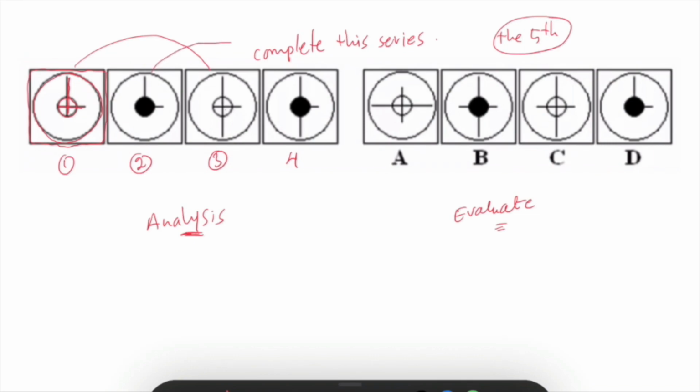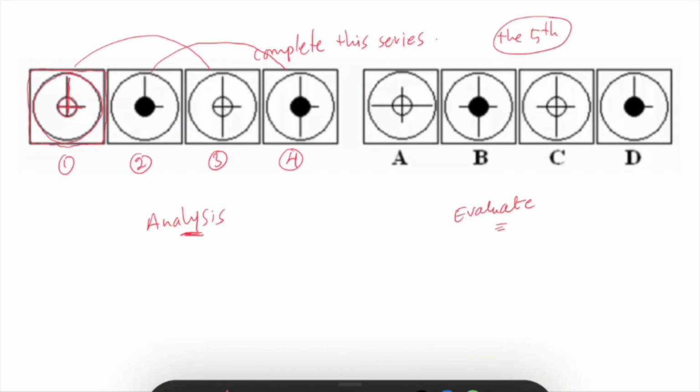In patterns 2 and 4, they have a different color, the black color. So across patterns 1, 2, 3, 4, the color of the small circle changes from white, black, white, black.